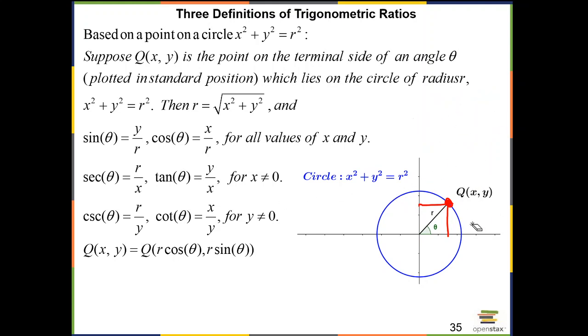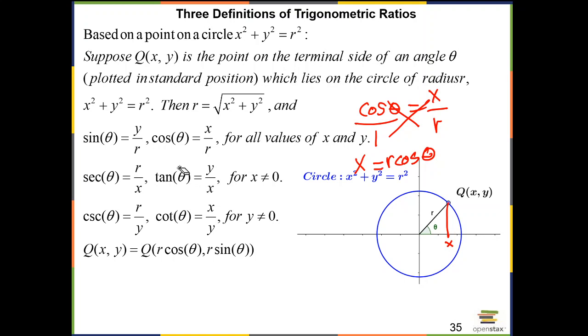So notice that the x here, right, we know that cosine of theta is x over r. Now if you cross multiply, then the x coordinate is given by r cosine theta.